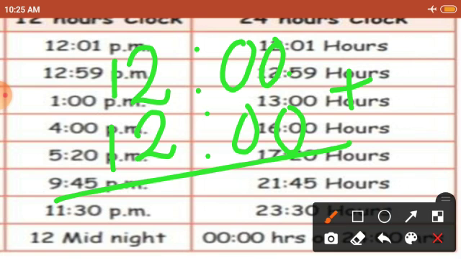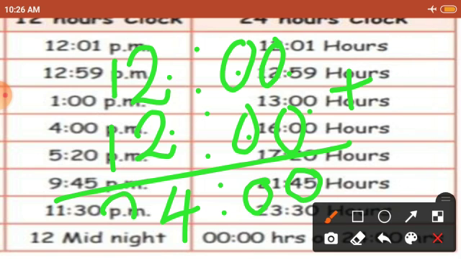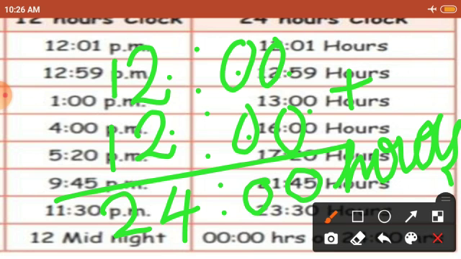Add both of this. Here 0 plus 0, you will get 0. Here 0 plus 0, you will get 0. Next is the colon. 2 plus 2, you will get 4. And 1 plus 1, you will get what? 24. This is actually which format? 24 hours format. So, you have to put hours here. So, now we got what? 24:00 hours.